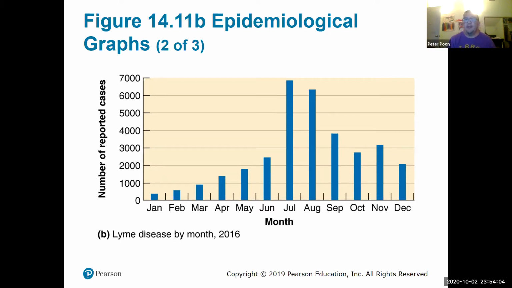And where grass grows really tall, there are deer and deer ticks. Deer ticks transmit Lyme disease, and that's why you're more likely to get it in the summer, as opposed to January and February, when it's freezing in Connecticut and no one goes outside in their right mind.